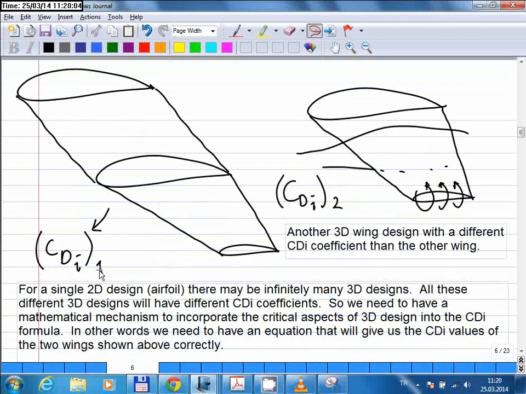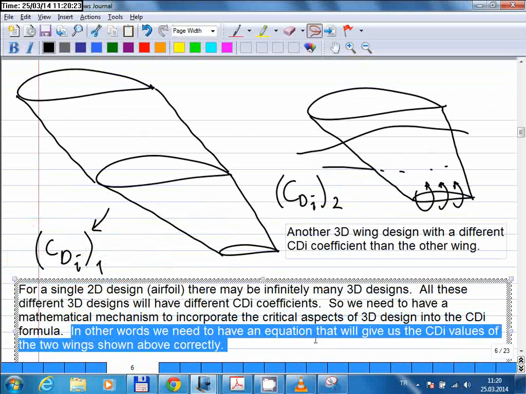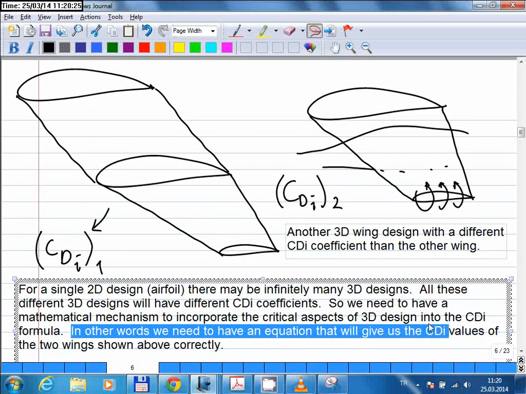So now we need an equation that will include the effect of this induced drag. We need a mathematical mechanism to incorporate the critical aspects of three-dimensional design into the CDI formula. In other words, we need an equation that will give us the CDI values of the two wings shown above correctly.